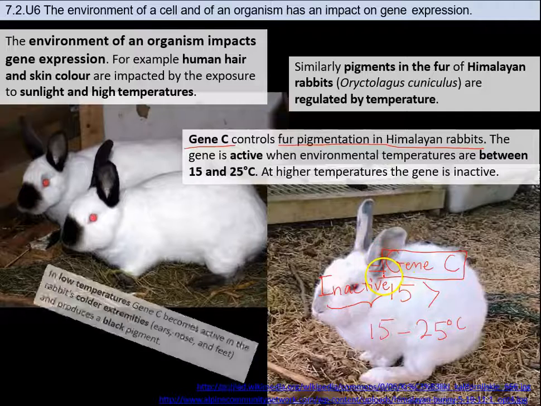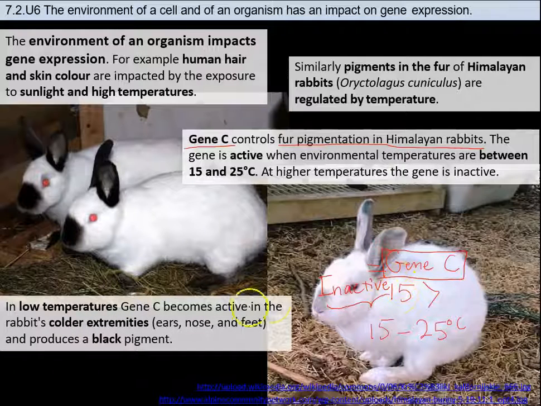But on the other hand, in low temperatures, which happens at this rabbit, gene C becomes active. So gene C is kind of in love with cold temperature.